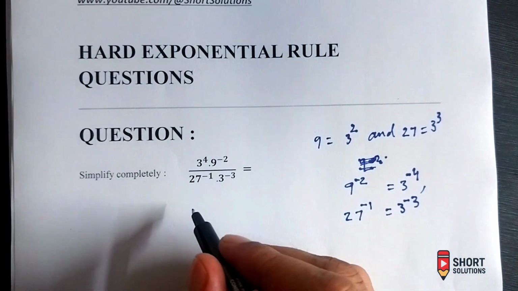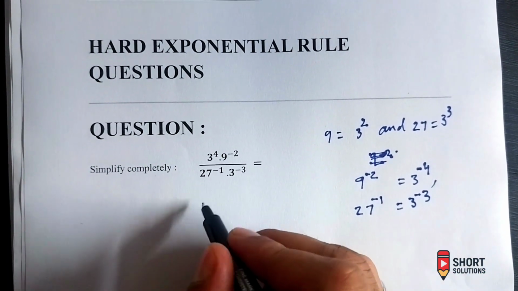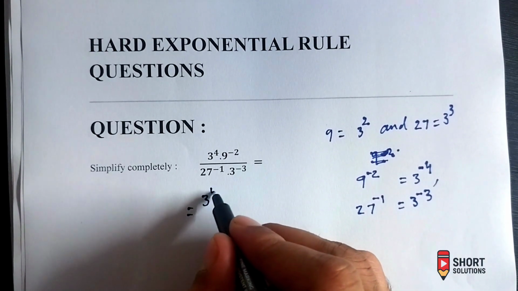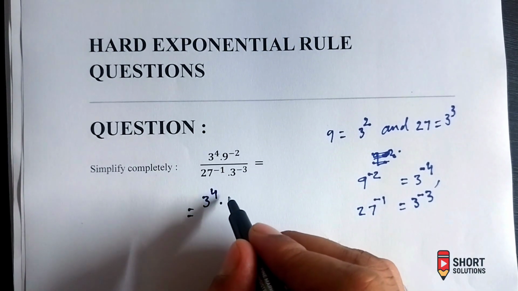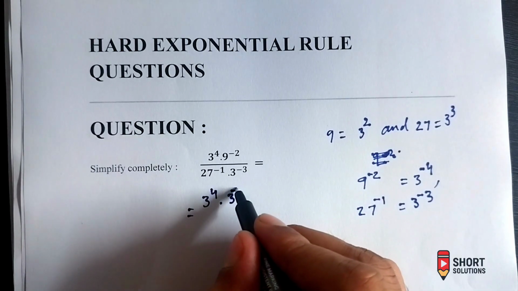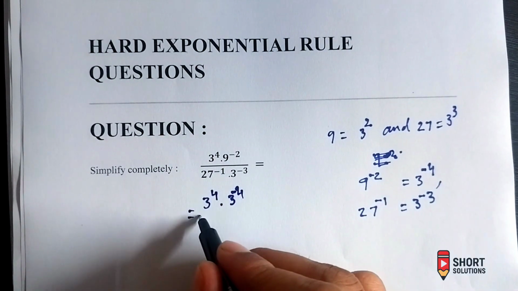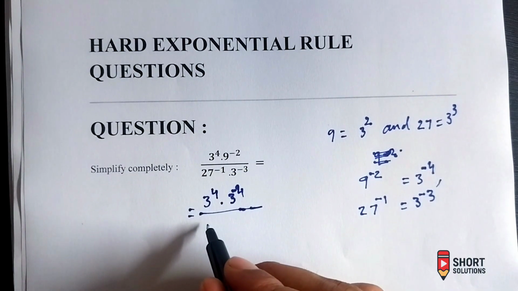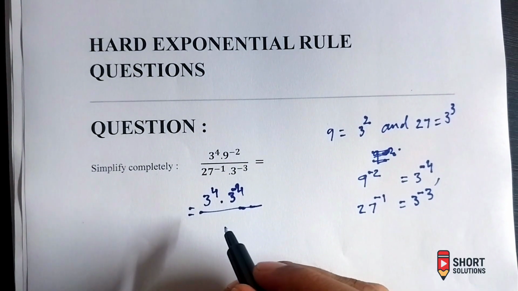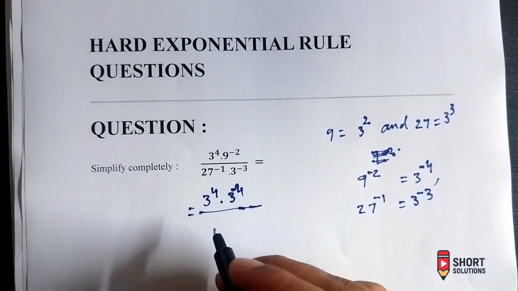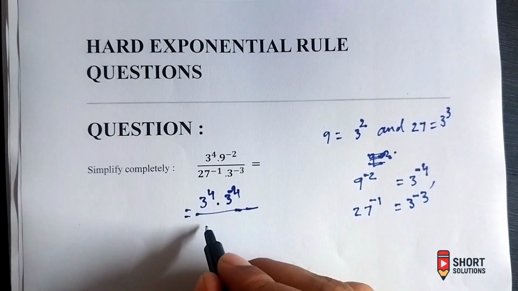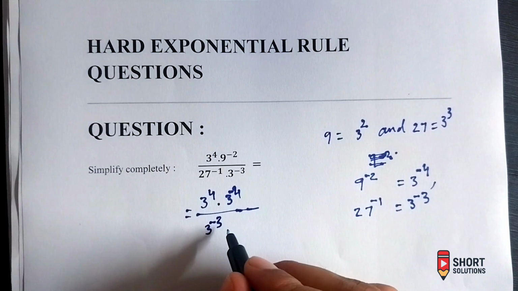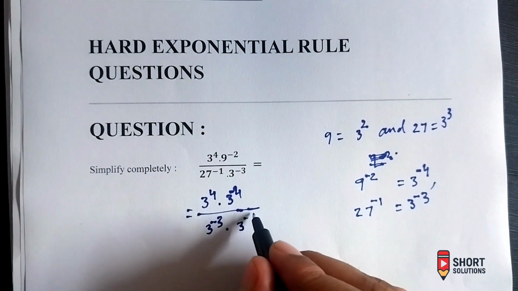So we can write in the numerator 3 power 4 into 3 power minus 4 divided by, in the denominator, we multiply the exponents, so we can write 3 power minus 3 times 3 power minus 3.